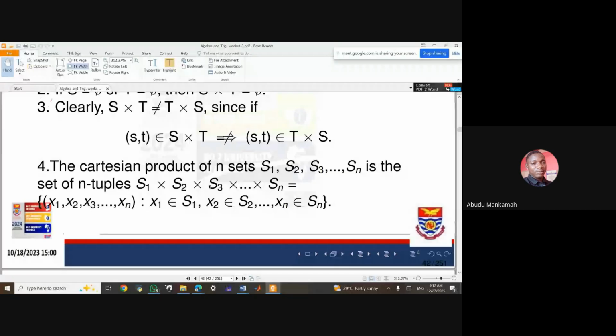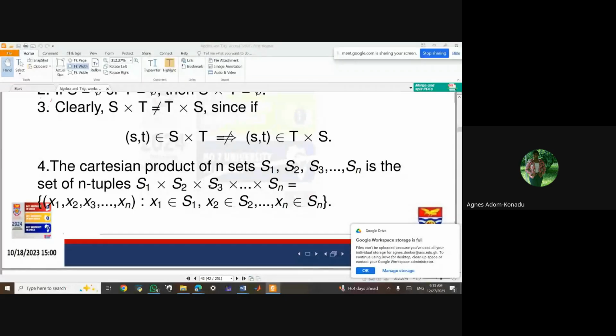They asked that we should prove whether it is commutative or not. That's why I'm asking. Is it on Cartesian products? Yes, madam, it was on Cartesian products.